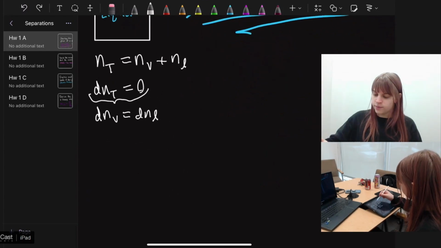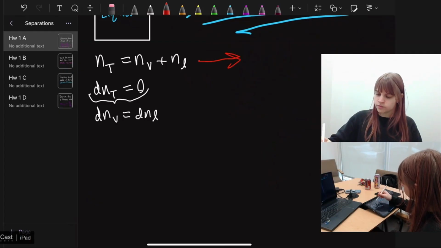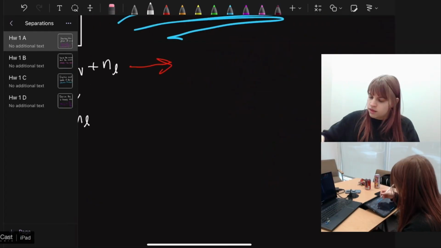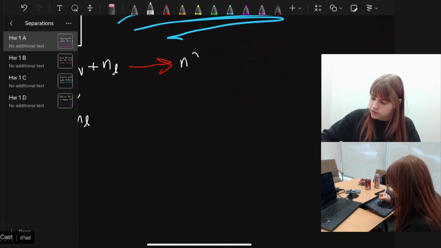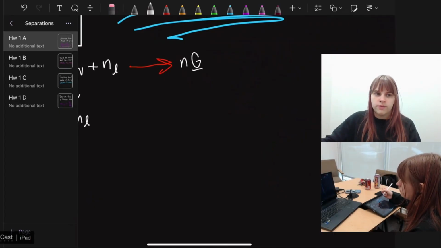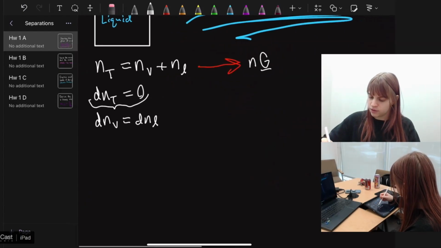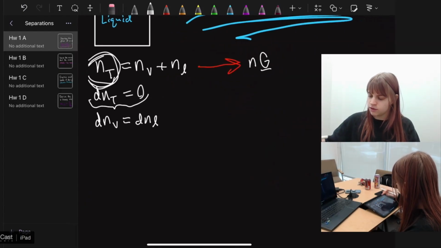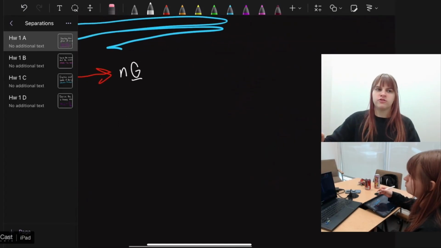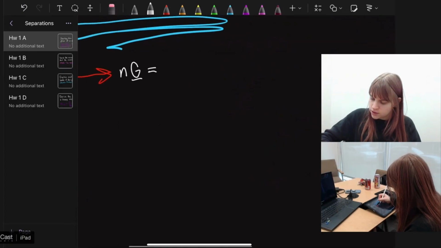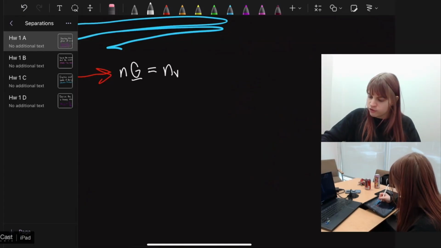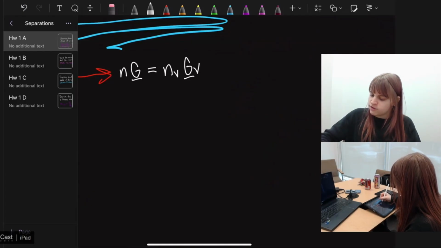And from this equation, we can say that N, this is going to be the total N, which I'm just going to say is N. So N times G is equal to the moles in the vapor phase times the Gibbs free energy in the vapor phase plus the moles in the liquid phase times the Gibbs free energy of the liquid phase.